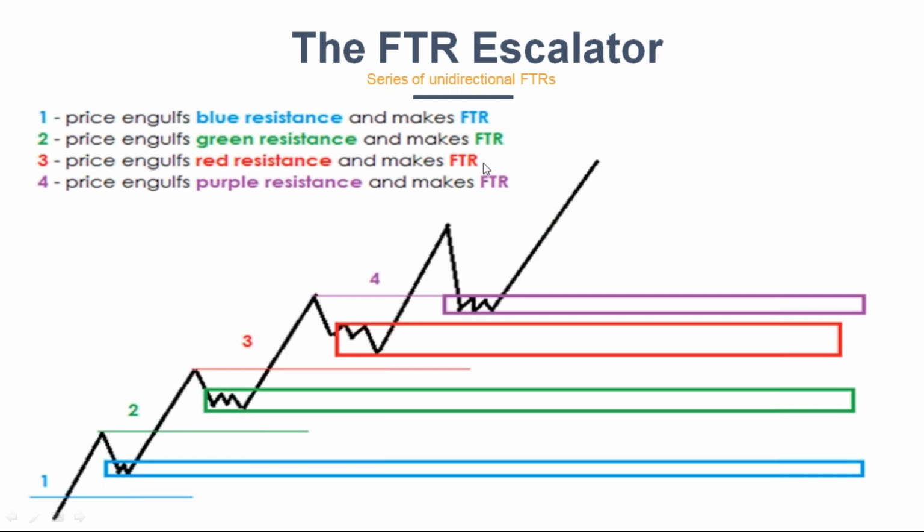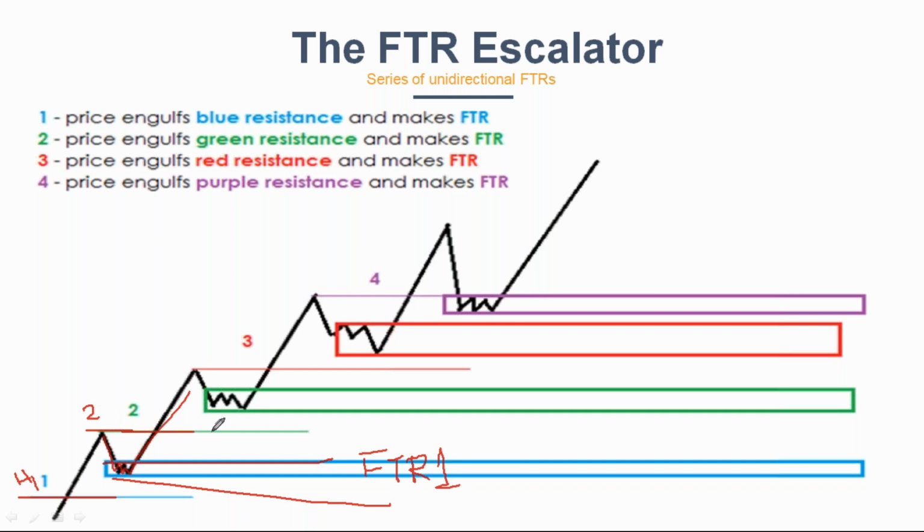In an uptrend, a series of FTRs gets formed. What is this? This is H1, broken. H2 formed, comes down, forms a base, broken. So this is FTR1. Now H2 becomes 1.